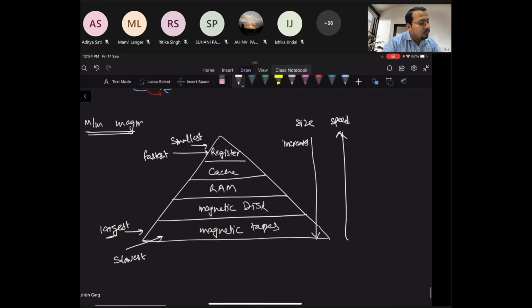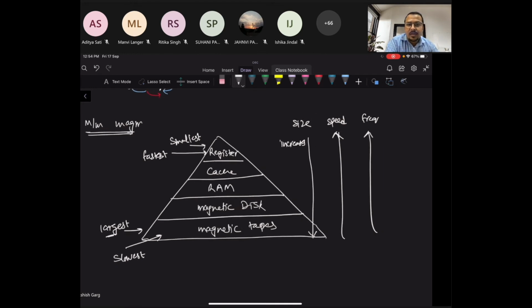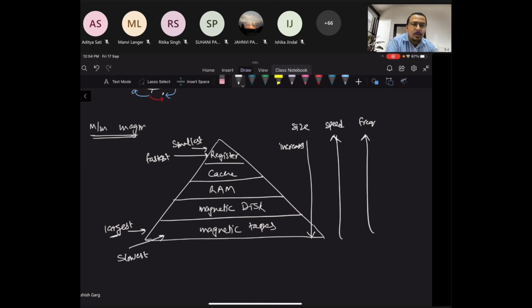And if we talk about frequency, it is dependent on speed. Whichever device has high speed also has the highest frequency. So frequency also increases from bottom to top. If we talk about cost, then cost also increases in this form. So this is the cheapest, whereas this is the costliest. So these are the memories we have right now.